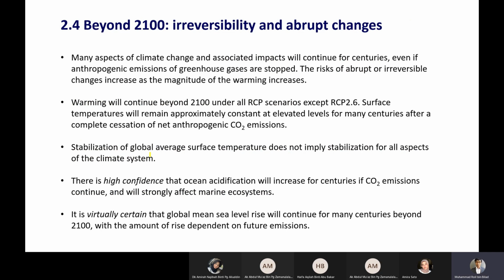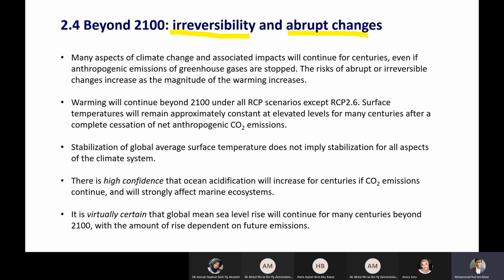So what about beyond 2100? It says irreversibility and abrupt changes. Irreversibility means a lot of things that are getting worse now won't be restored back.